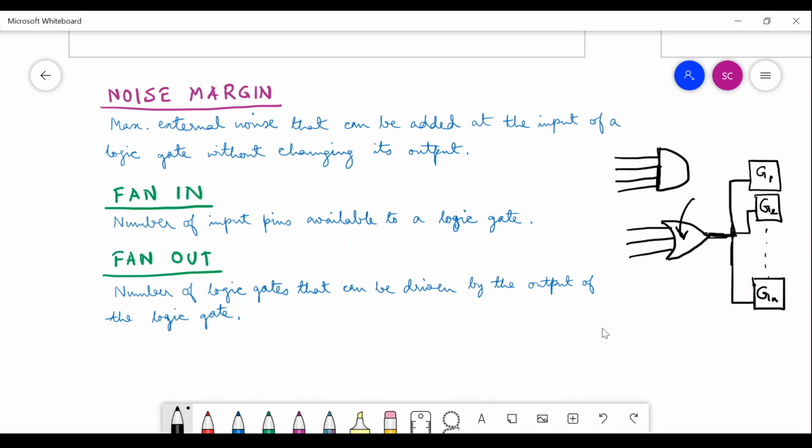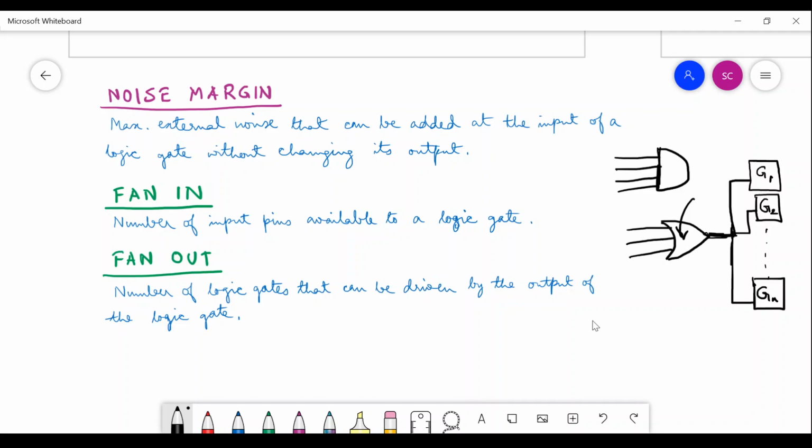So we will have 2 inputs or 3 inputs coming to our logic gate and the output coming out of that logic gate. We would like to know what different sets of inputs will produce what output in terms of zeros and ones.